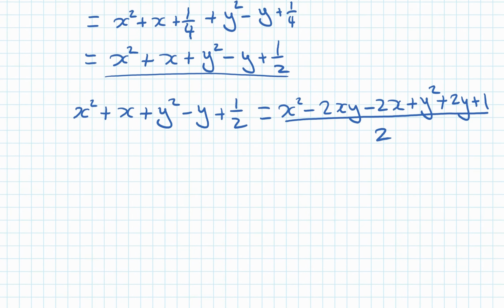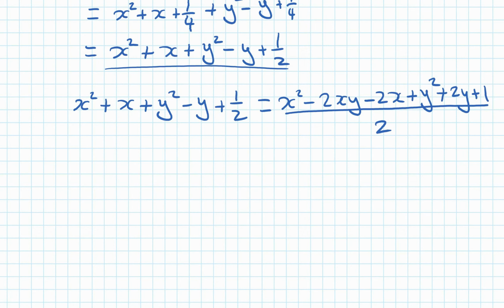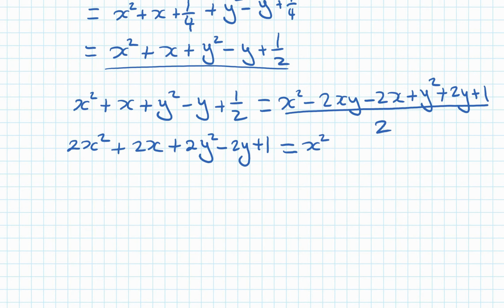Now I times 2 both sides. So if I times 2 both sides, this will give me 2x squared plus 2x plus 2y squared minus 2y plus 1 is equal to x squared minus 2xy minus 2x plus y squared plus 2y plus 1.